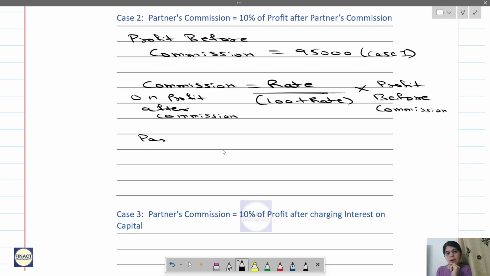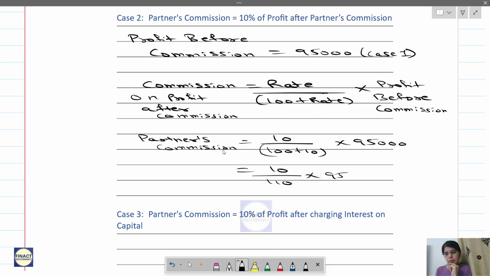So now partners commission is equal to rate is how much? 10%. So 10 divided by 100 plus 10 into 95,000. So 10 divided by 110 into 95,000.